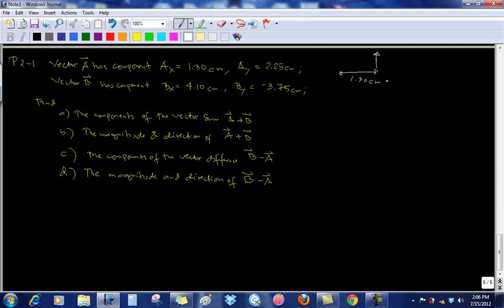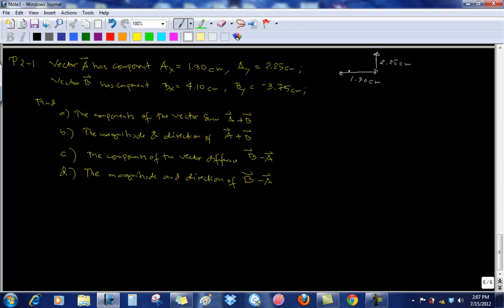My approach in doing this is to draw them and join them head to tail, so the tail of one vector is placed at the head of the other. Here AX is 1.30 cm to the right, and AY is 2.25 cm upward.